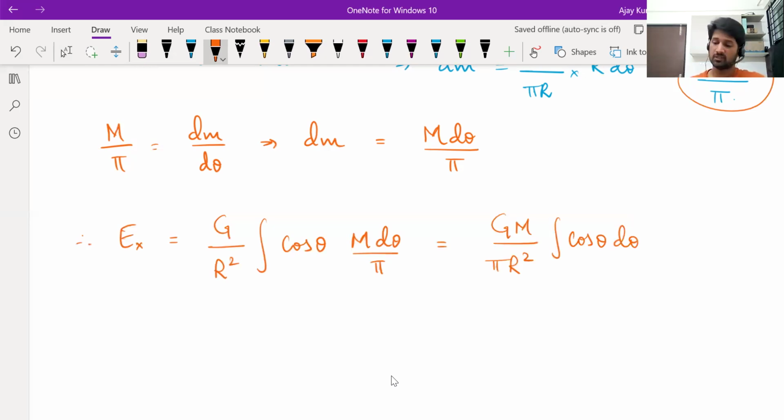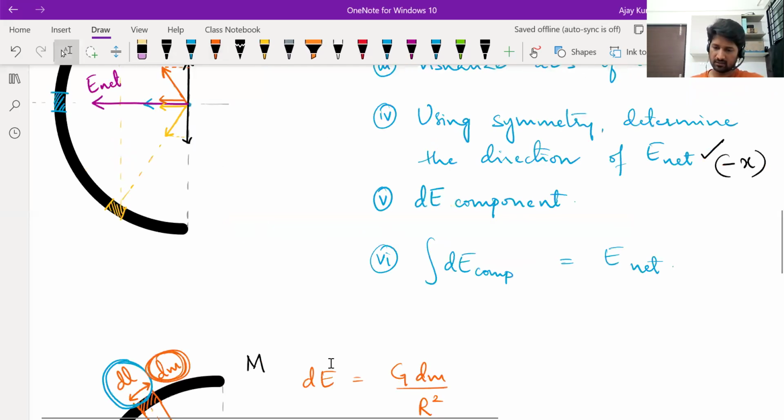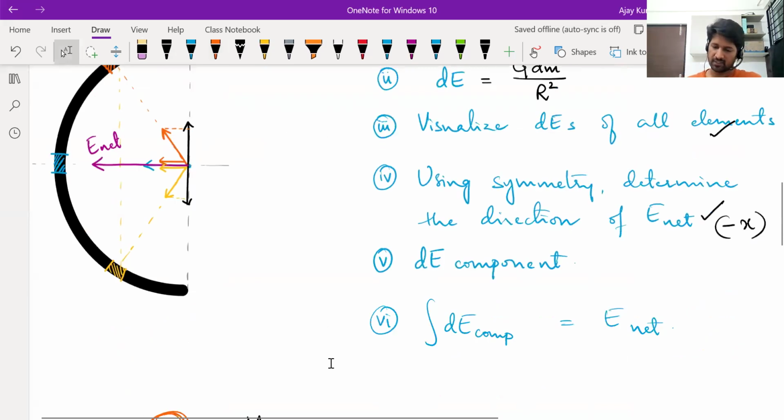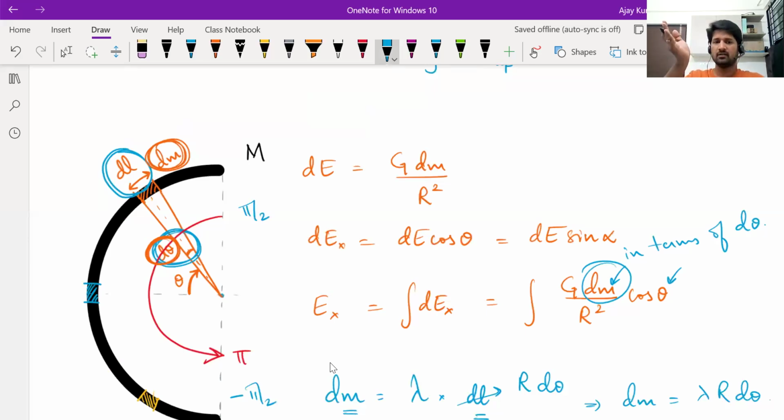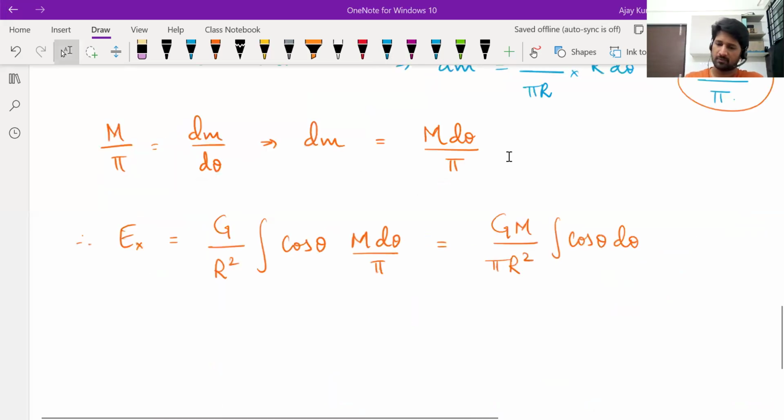Okay. What about the limits? I told you that already. If you're integrating in terms of theta, limits will be from minus pi by 2 to plus pi by 2. Angles upward of x-axis are taken positive, angles downward of x-axis will be taken negative. So to cover the entire ring, you should go from minus 90 to plus 90. So limits from minus pi by 2 to plus pi by 2.